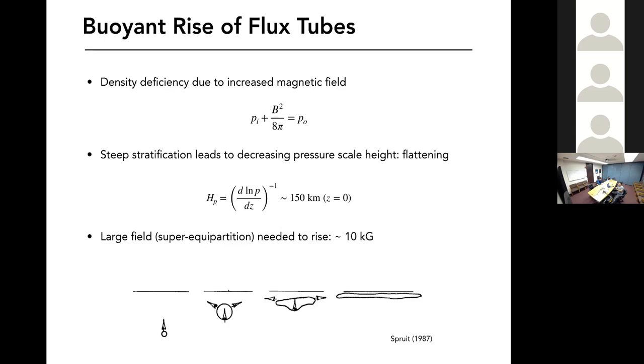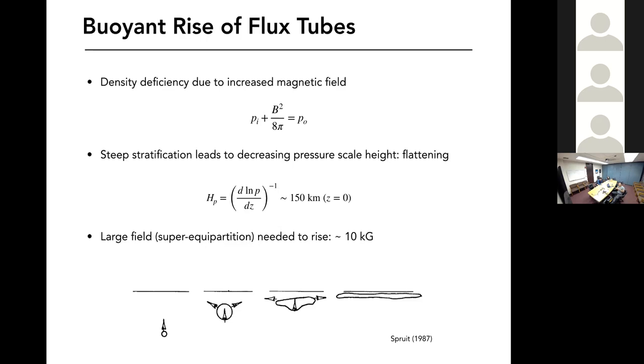We need to characterize how this flux tube evolves or rises in the convection zone. One way to do that is to look at how the different variables scale with radius. Here I'm writing z, which is basically just height, or the radius you can think of. The pressure decreases as you move from the deeper convection zone to the surface.